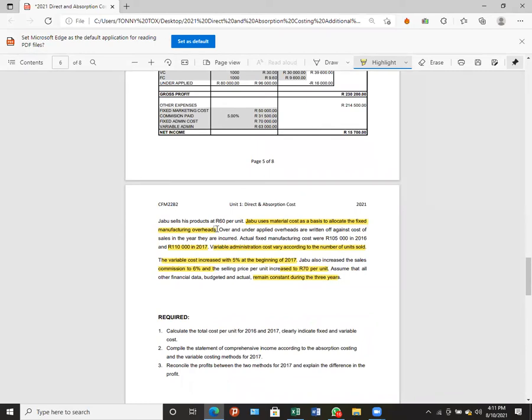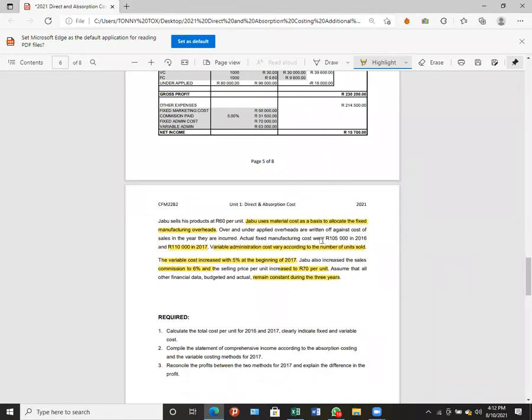That is why we started with the revision. We did POR, we know how to calculate POR and applied. Then over- and under-applied overhead are written off against the cost of sales in the year they are incurred.